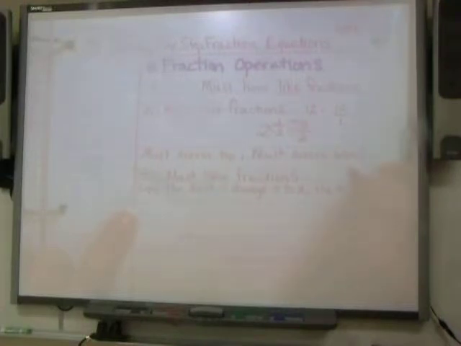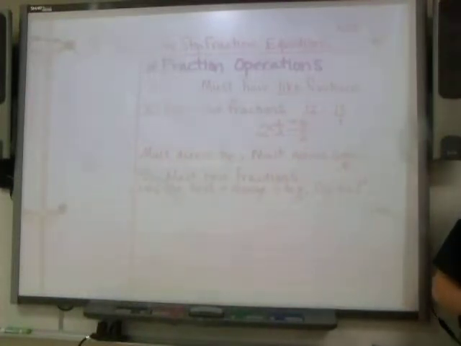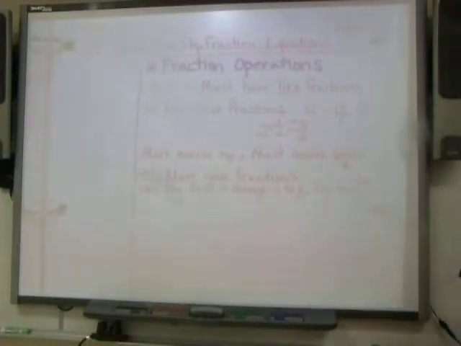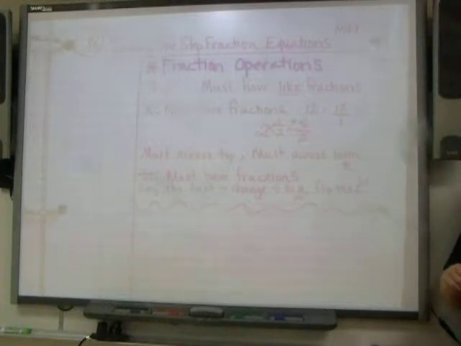After you've done that, you now have a multiplication problem, and you multiply across top, multiply across bottom. And again, if you can reduce on the inside before you start multiplying across top and bottom, that's the place to do it. So, quick review of our fraction operations, because now we've also got integer rules that are playing a part.